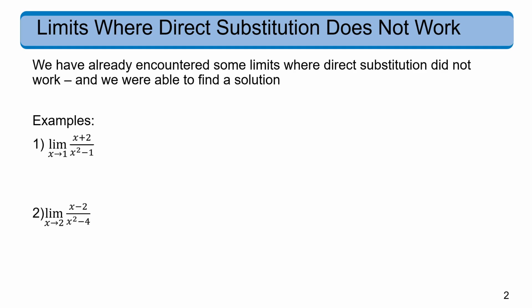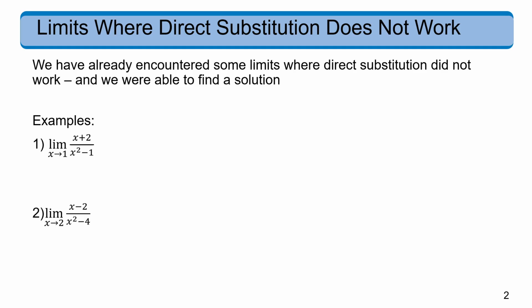If you end up getting 0 in the denominator or it's just undefined in some way, that means direct substitution does not work and you need to find another method, because it's still possible the limit exists even if direct substitution fails. So here are some examples of types of limits we've seen before where direct substitution did not work and we were able to find other methods.